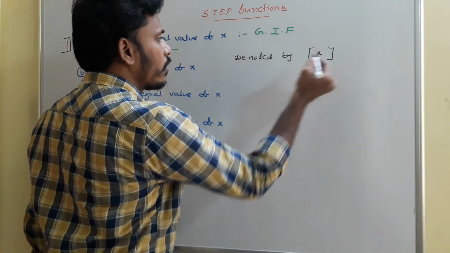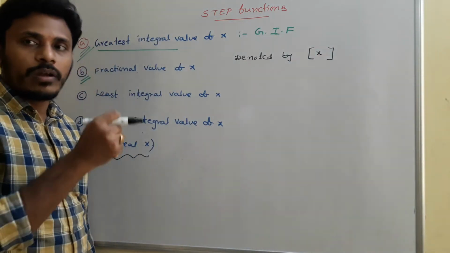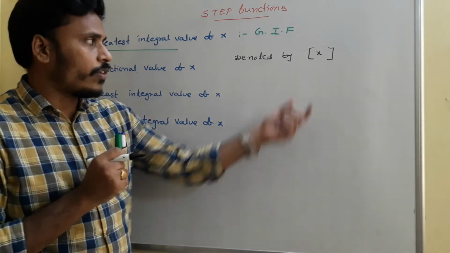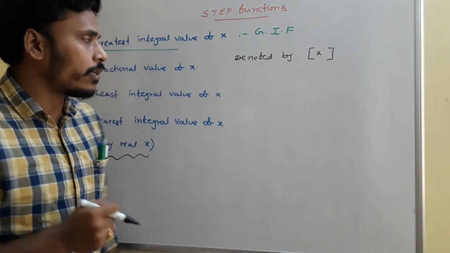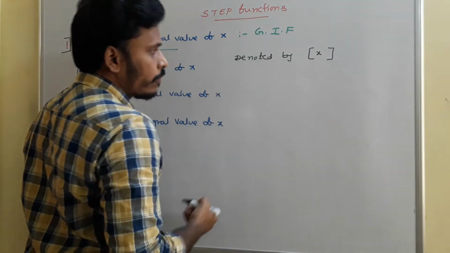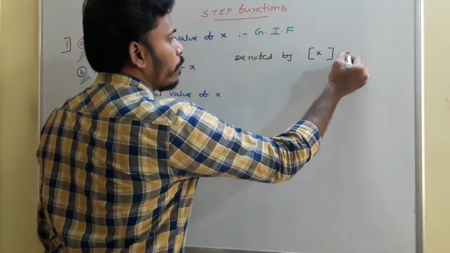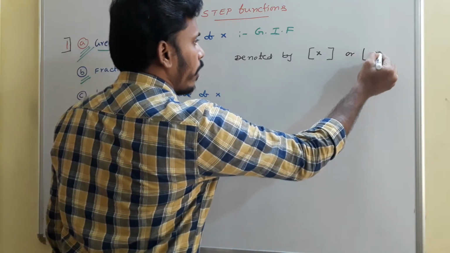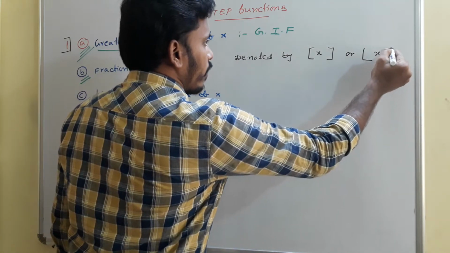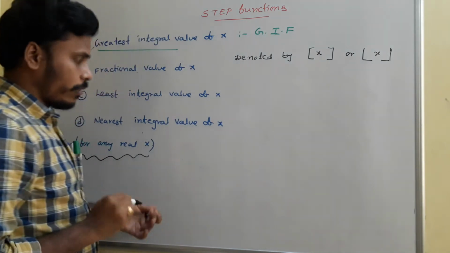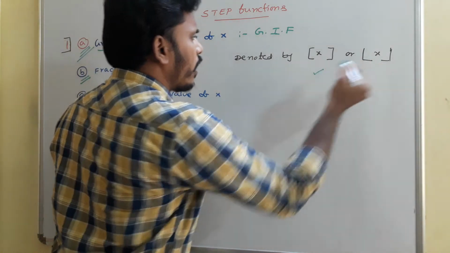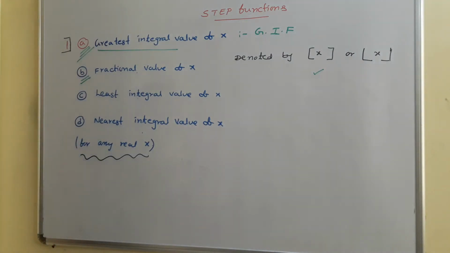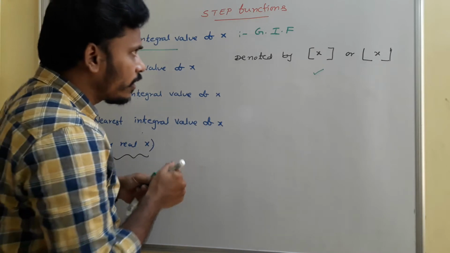We will use square brackets with that one real number x. We call it step x or greatest integral value of x. Some people may denote it in another way also, but we will use only the square brackets, and rarely that other one. This is the denotation.